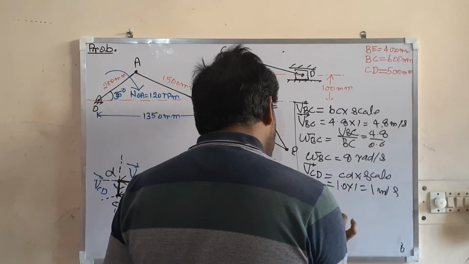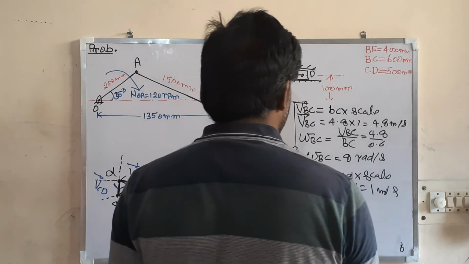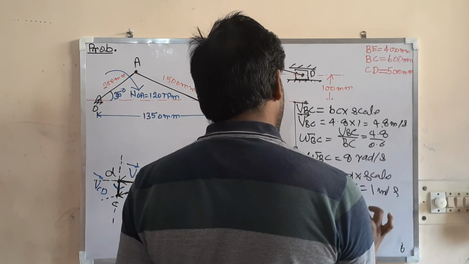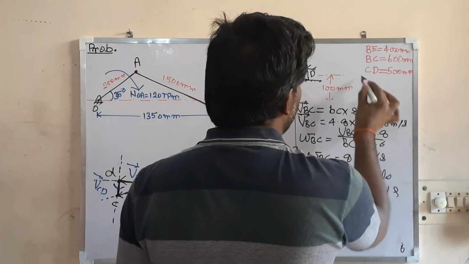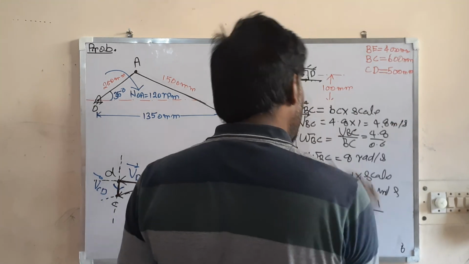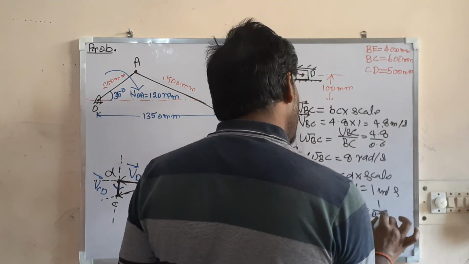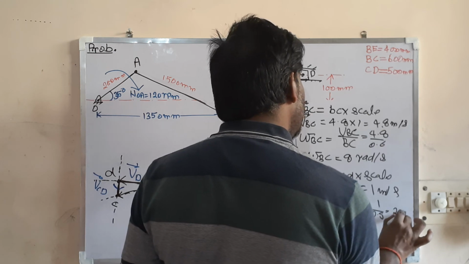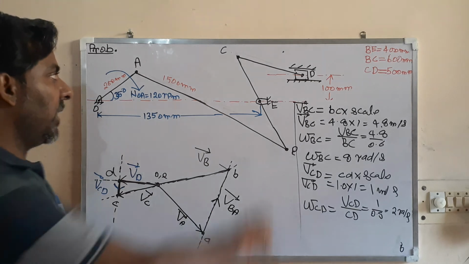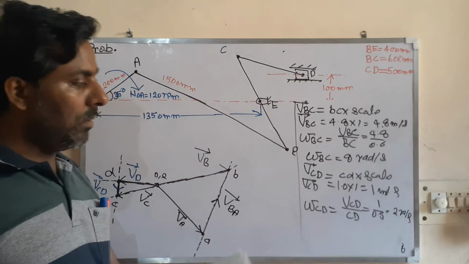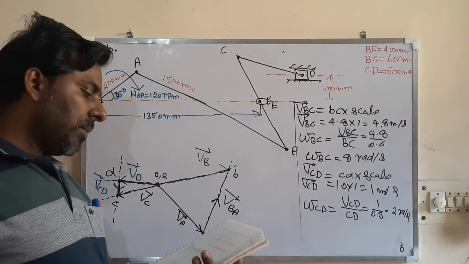So angular velocity of link CD is equal to VCD divided by CD, that is 1 divided by CD. CD is 500 mm, in meter 0.5, so that is 2 radian per second. So angular velocity of link CD is equal to 2 radian per second.